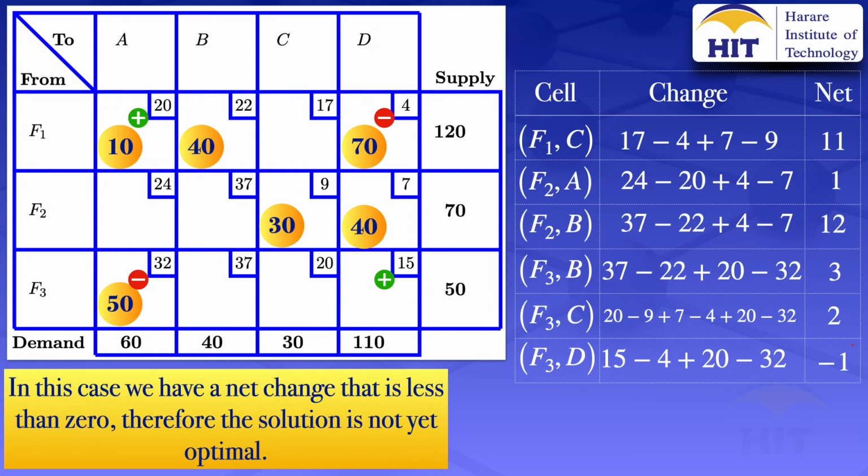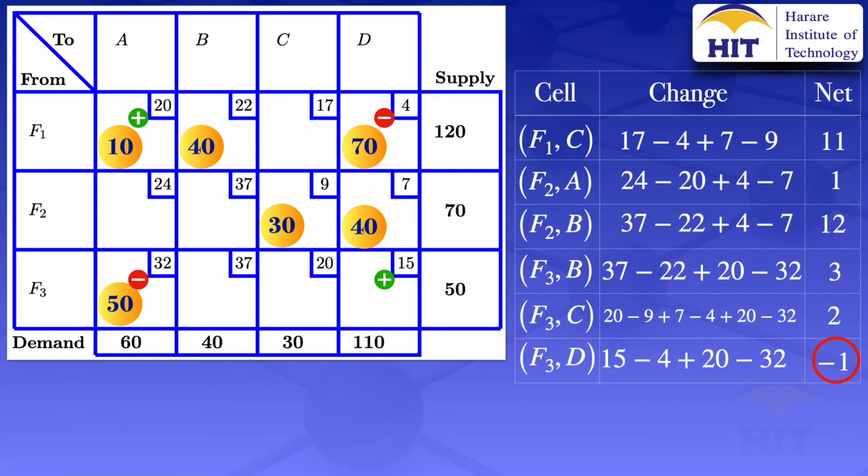So what we are saying is we are looking at the cell F3D. It is a minus 1 as the net change, and that's why we are saying the solution is not optimal. To see how much we can allocate to that cell F3D, the one with the negative net change, we look at cells where we had negative signs when we traced the closed path.